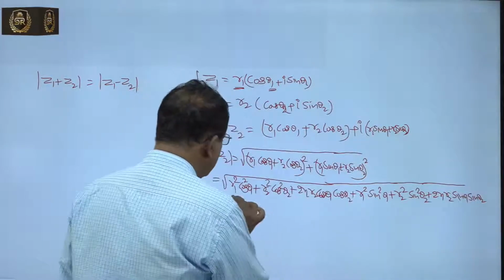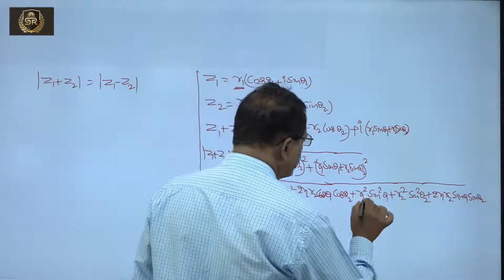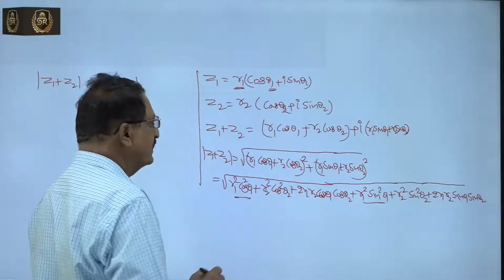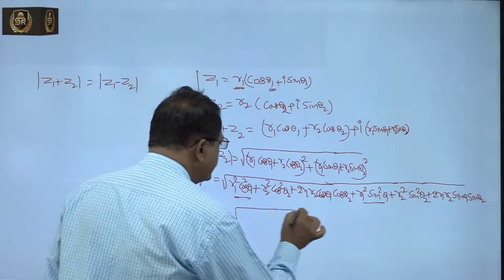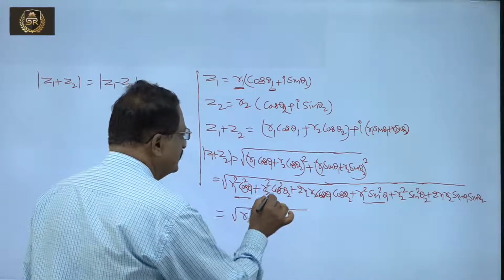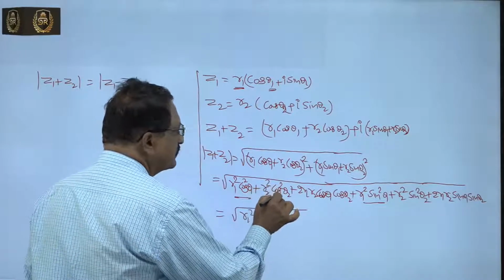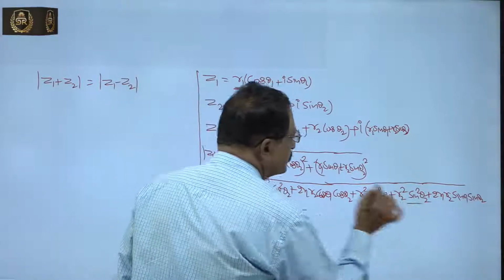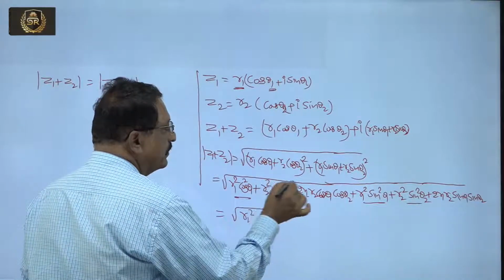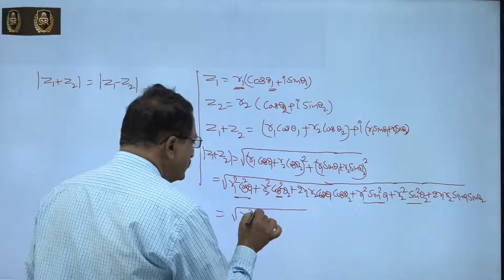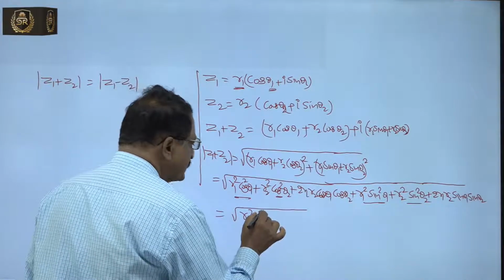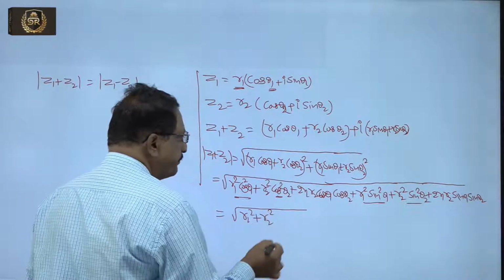Now here r1 square cos square theta 1 plus r1 square sin square theta 1 equals r1 square. Similarly r2 square cos square theta 2 plus r2 square sin square theta 2. Now r2 square take common, cos square theta 2 plus sin square theta 2 is 1, so r2 square.